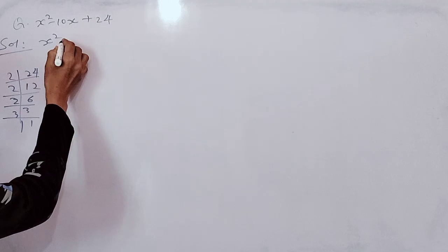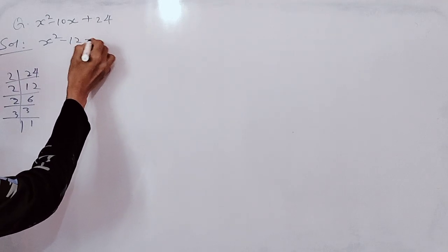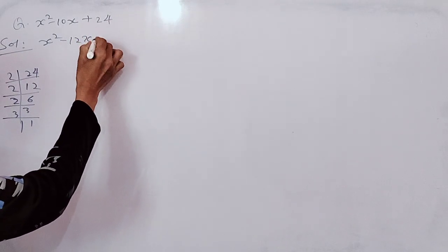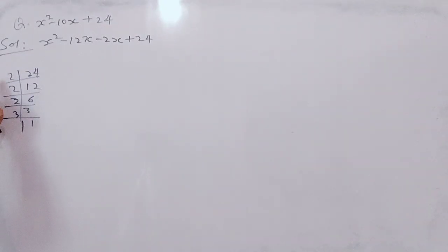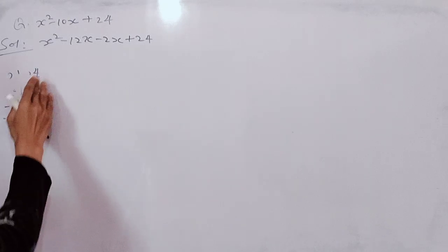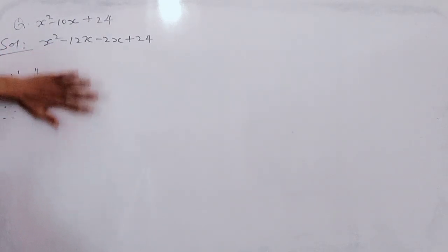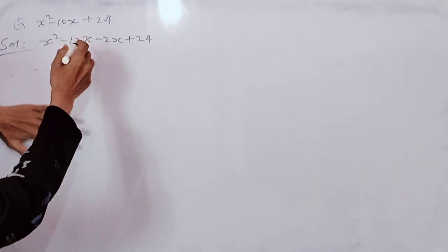Can we say minus 12x minus 2x plus 24? 12 times 2 is 24, and 12 plus 2 is 14, with minus signs. Yes, it is correct. Till here this step is correct.